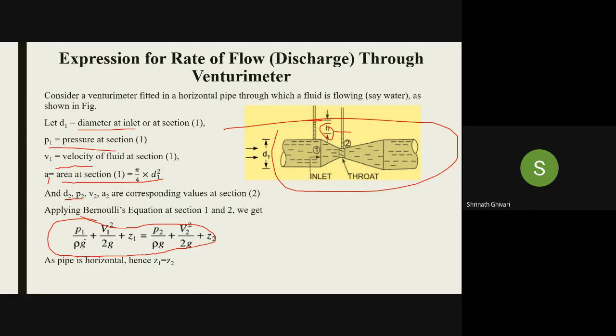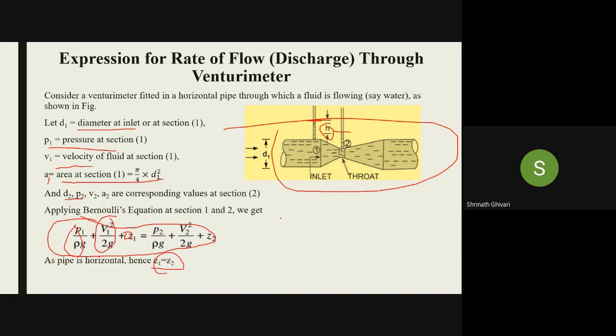Bernoulli's equation is obtained from the Euler's equation, and Bernoulli's theorem states that the total energy is equal to the sum of pressure head, that is P by rho g, velocity head, V squared by 2g, and datum head, Z. If we are considering two sections, then it will be like this. As the pipe is horizontal here, therefore Z1 is equal to Z2.